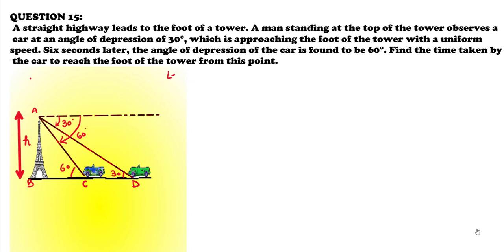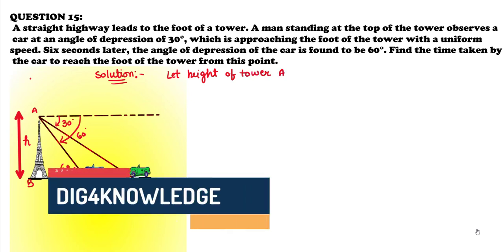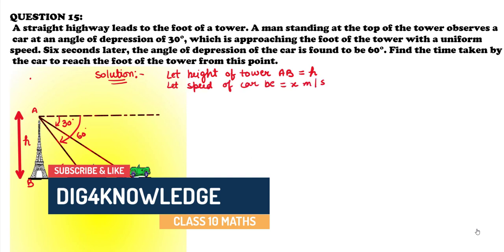So let the height of the tower AB be H meters. What is given? The car is moving at a certain speed and we don't know the speed, so we will assume it. Let the speed of the car be x meters per second. What will be the distance travelled in 6 seconds?